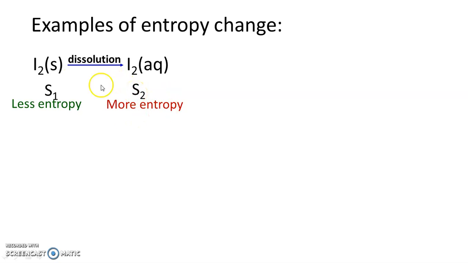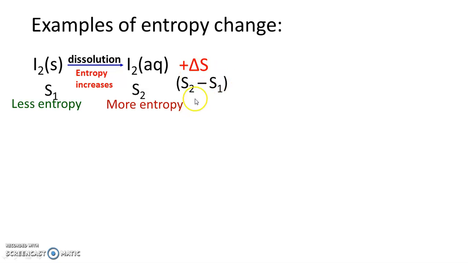Here S2 is greater than S1 because when iodine is present in solution form or in liquid state, the iodine molecules move randomly, randomness is more, and therefore S2 is greater than S1. And for this change, entropy change is positive, so delta S is positive.